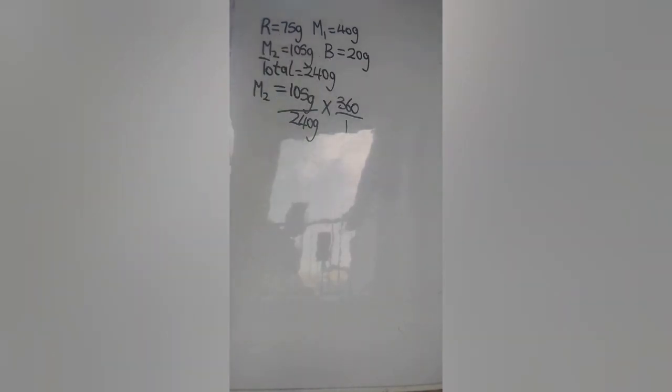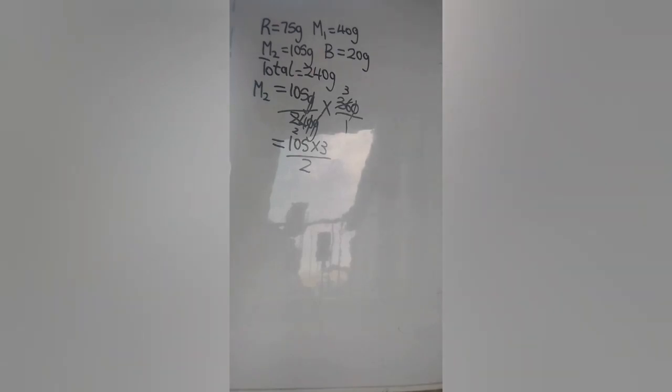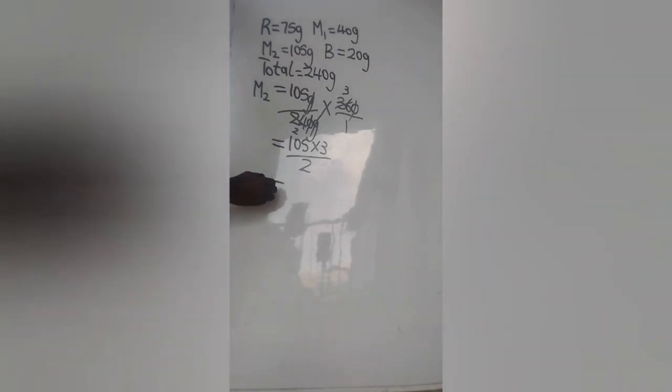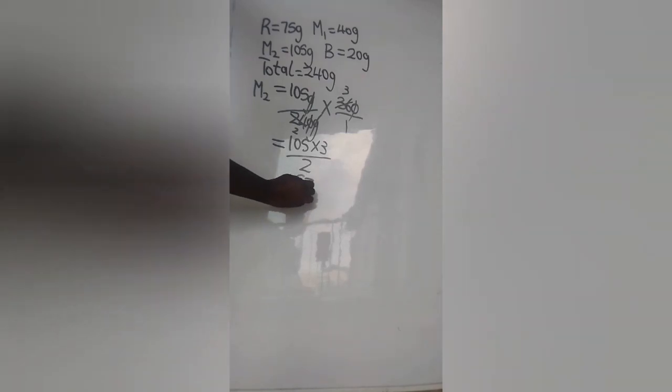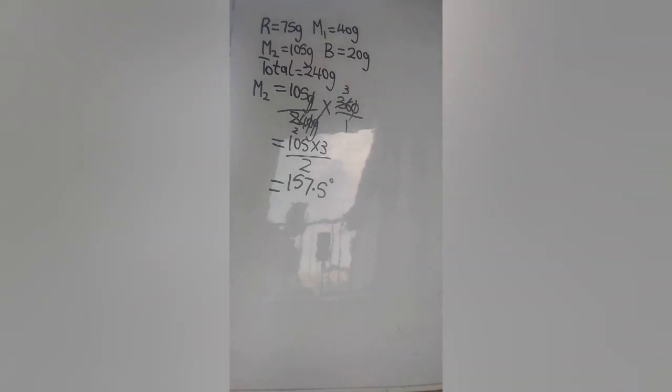This 360 is the sum of angles in a pie chart. Now 0 cancels out 0, gram cancels out gram, 12 here 2, 12 here 3. Now we have 105 times 3 all over 2, and this gives us 157.5 degrees. So this is the angle of meat in the pie chart.